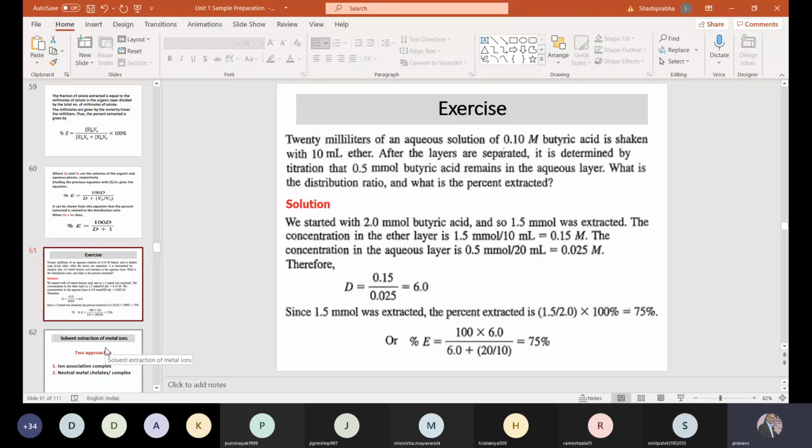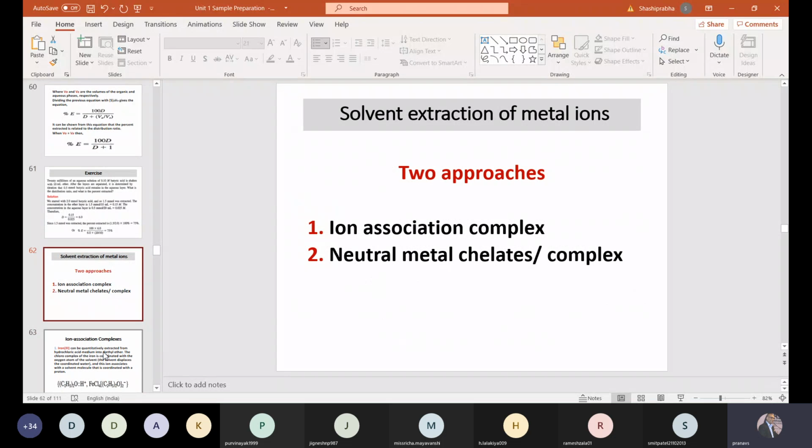Up till now, what we studied, I'll just repeat: when we work with solvent extraction, there are two expressions, one dealing with the unionized species and the other dealing with the ionized species. One we call the partition coefficient, and the other the distribution ratio, which is what actually happens in real samples.